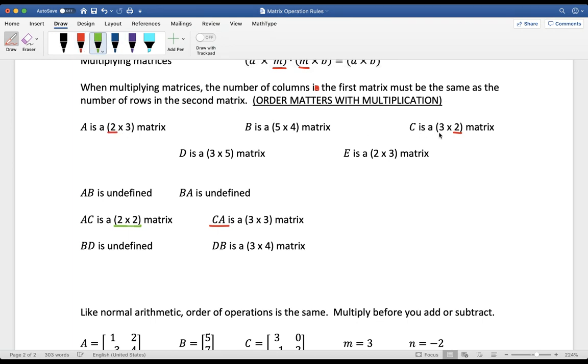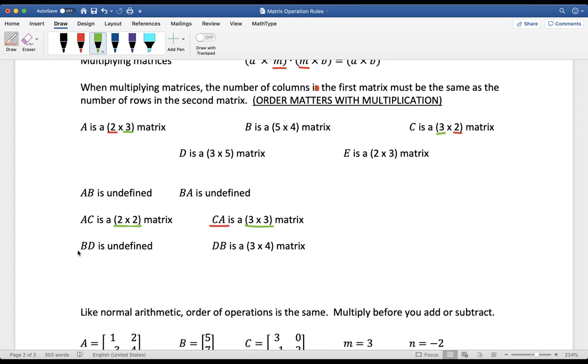And then my outcome will be the number of rows in the first matrix by the number of columns in the second matrix. That's why I get a 3 by 3. So you'll notice that the order absolutely mattered on what our outcome would be. A 3 by 3 matrix is completely different than a 2 by 2 matrix. So sometimes neither order can be multiplied, sometimes both can be multiplied, and you get a different solution.